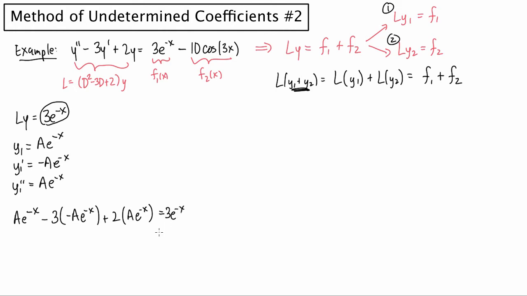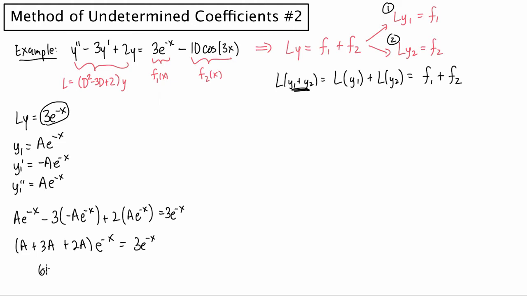So I need to determine the value of a that makes the two sides equal. I'm going to factor out an e to the negative x and look at what remains. I get a plus 3a plus 2a, times e to the negative x, equals 3e to the negative x.